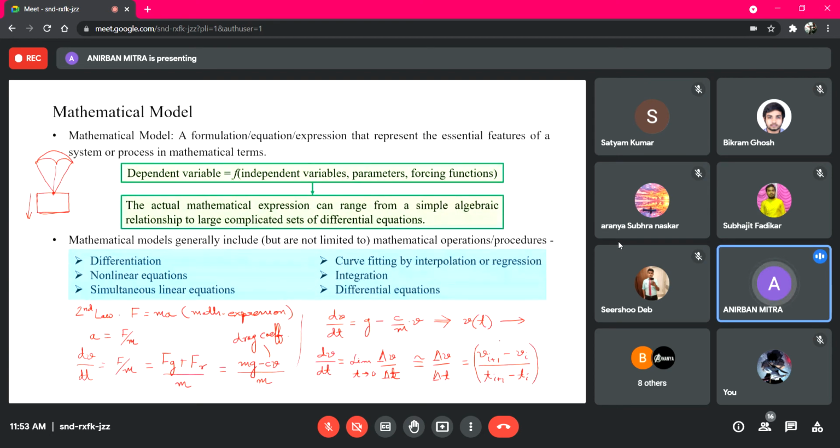So now if we know the starting velocity, that means at time instant t equal to 0, what was the velocity of this object? We can calculate what is this. Given all of the other parameters are provided to us, all these are known, then we can calculate what is v(i+1).